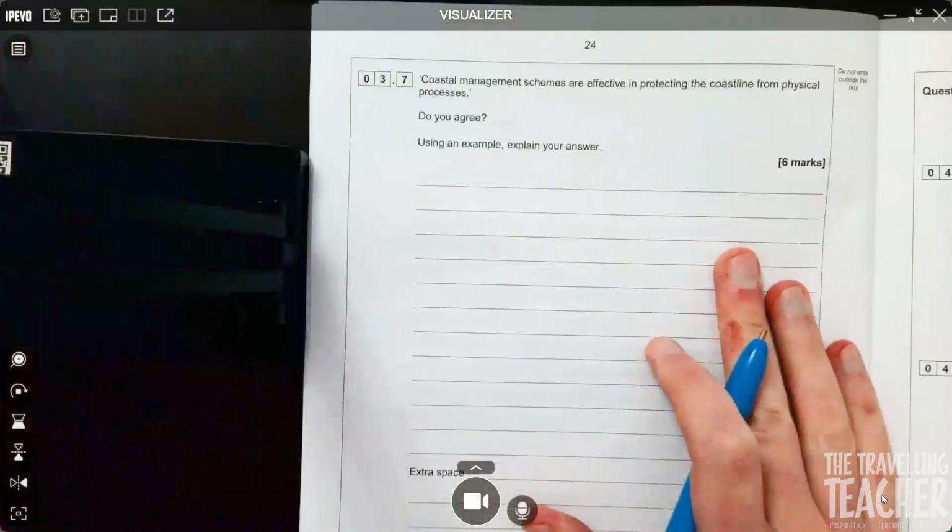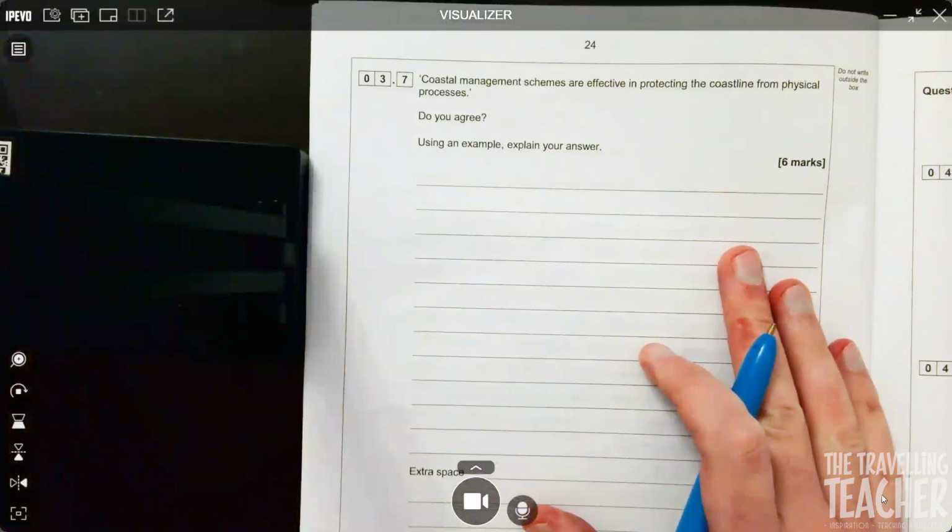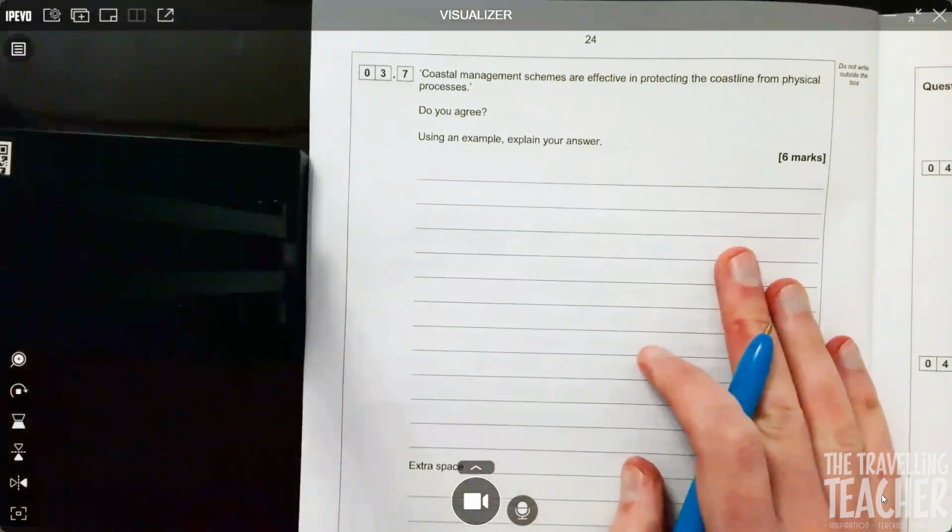Right, coastal management schemes are effective in protecting the coastline from physical processes. Do you agree? Using an example, explain your answer. Okay, here we go.